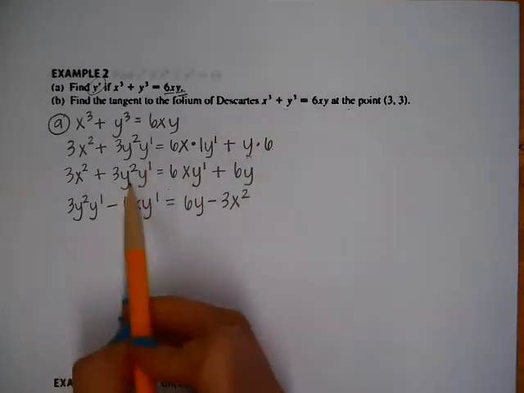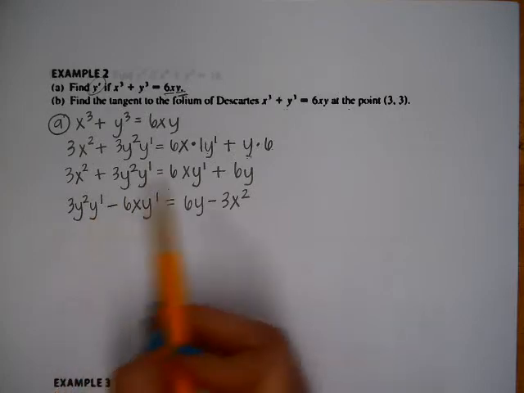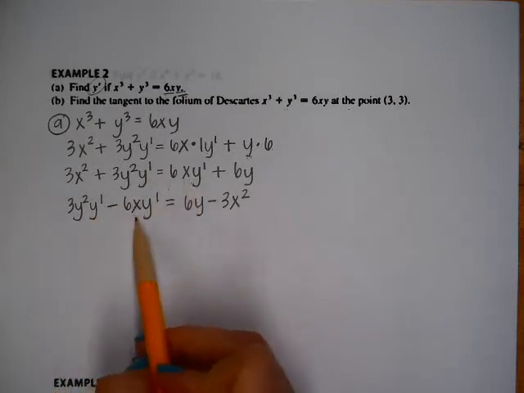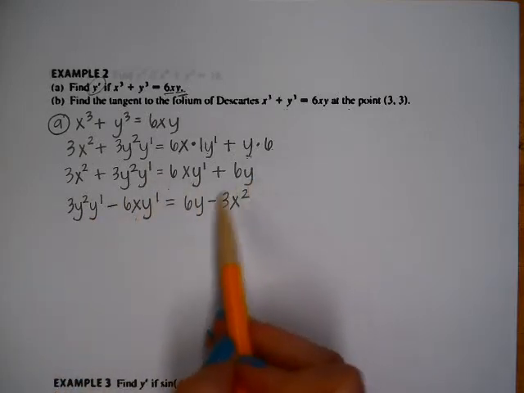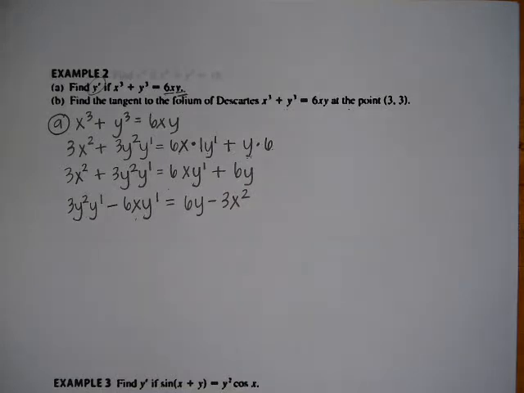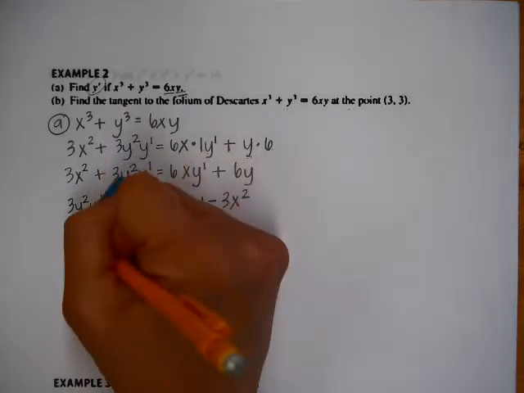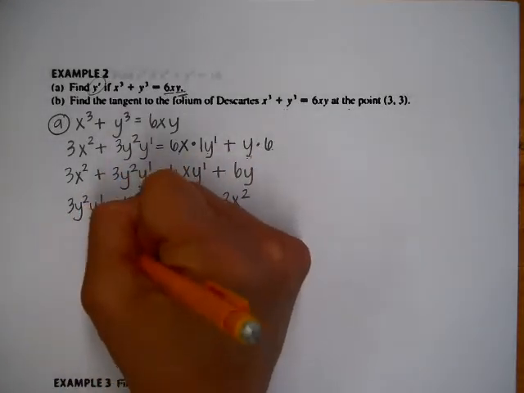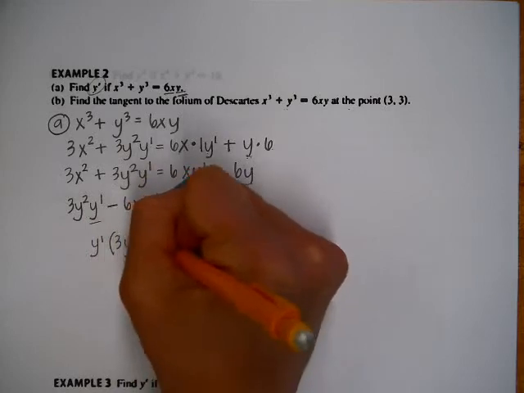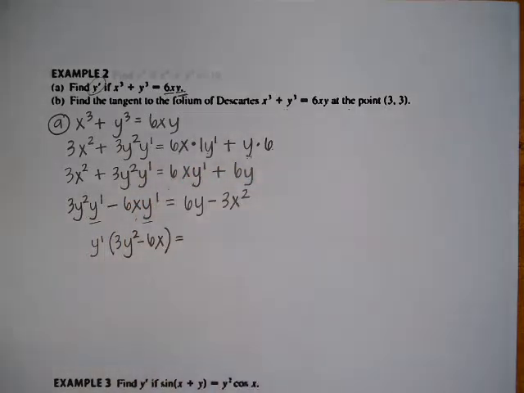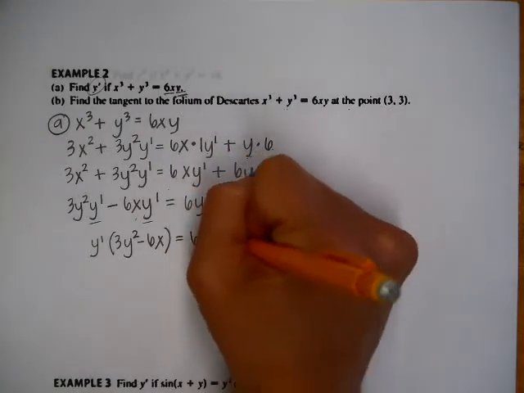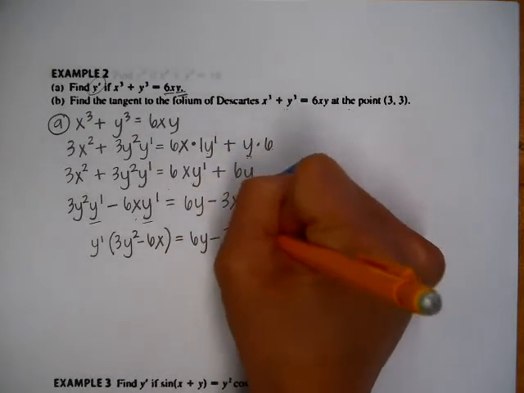So I left my 3y squared y prime on the left, moved 6x y prime to the left, 6y on the right, and then moved my 3x squared to the right, making that negative. So now both of these have a y prime in common. I'm going to factor that out, and that gives me 3y squared minus 6x equals 6y minus 3x squared.